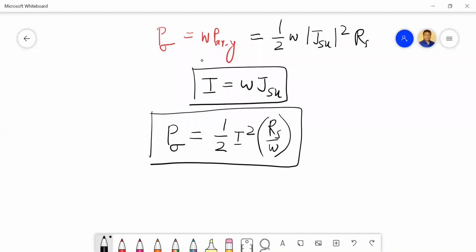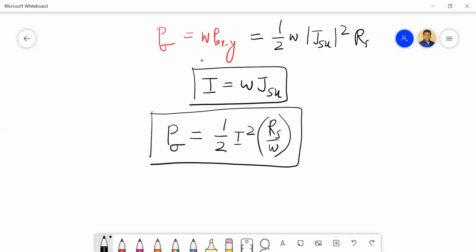So we calculated this for the upper plate. Fine, we calculated this for the upper plate.